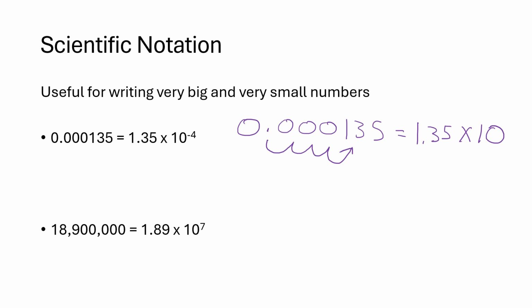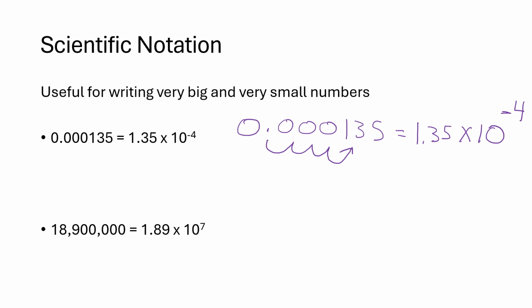I think I said that backwards. Anyway, what we're going to focus on is if that initial value of the number is smaller than 1, this needs to be a negative exponent. So we moved that 4 times. The initial value of the number is smaller than 1, so we're going to end up with a power of 10 that's 10 to the negative 4.